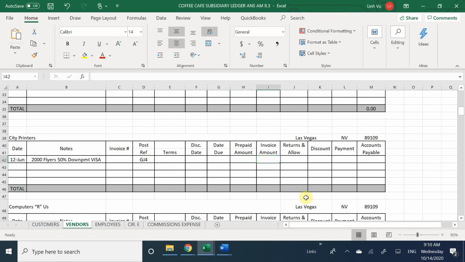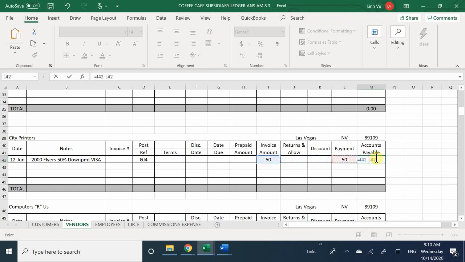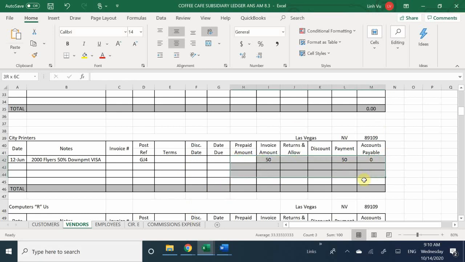So in this case, my invoice amount is going to be $50 and my payment, because I paid with a Visa credit card, therefore my payment should reflect 0, right? It's going to be my amount that I owe minus any prepaid, minus any returns, minus any discounts, minus any payments. So in this case, my amount that I owe to the city printers is 0.